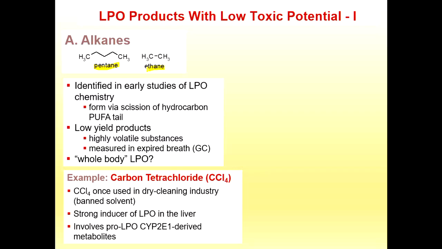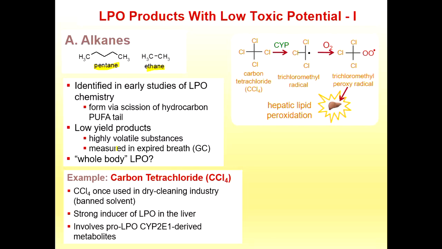And one of the interesting things about them is that people have used them as whole body products of lipid peroxidation, because, since they're so volatile, if they're formed in the body's tissues, because of their low vapour pressure, they get exhaled in our breath. So you can measure concentrations of these substances being exhaled in people's breath. It can tell you how much lipid peroxidation is going on. Not a very sensitive marker, but it can be a potential indicator of how much lipid peroxidation is occurring in the whole body.